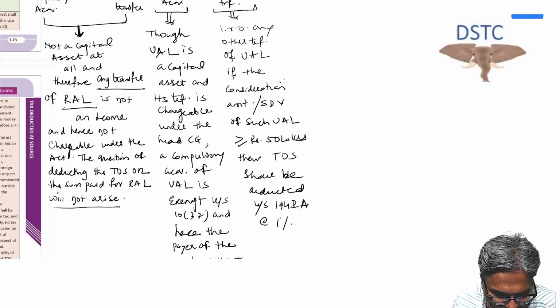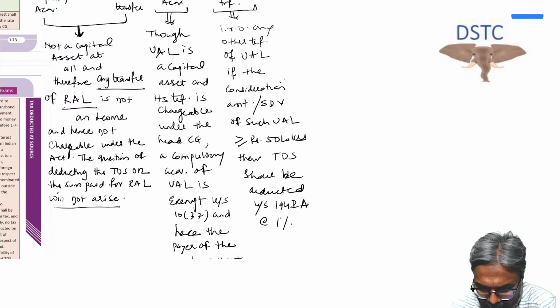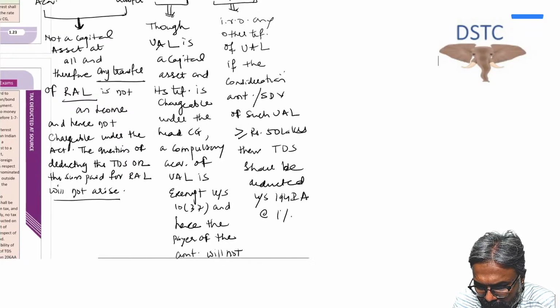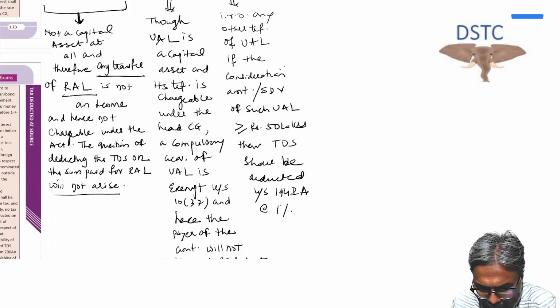Mary, compulsory acquisition of what? Yes, capital gains will arise, but of what? Rural agriculture land or urban agriculture land? If it is, chargeability would be there, but it is exempt under 10(37). So can you see that?